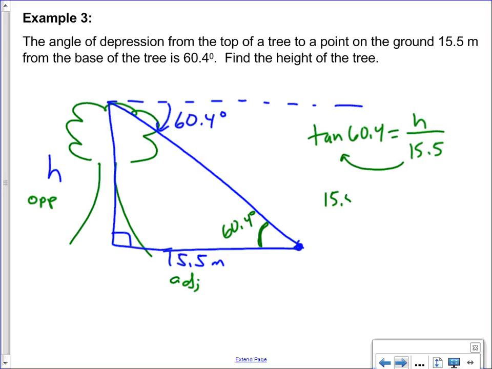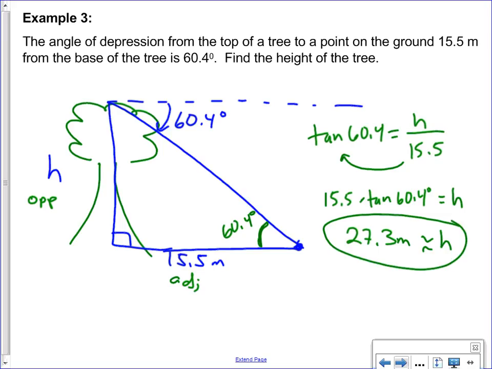So 15.5 times tan 60.4 degrees gives you about 27.28, which rounds to about 27.3 meters is the height.